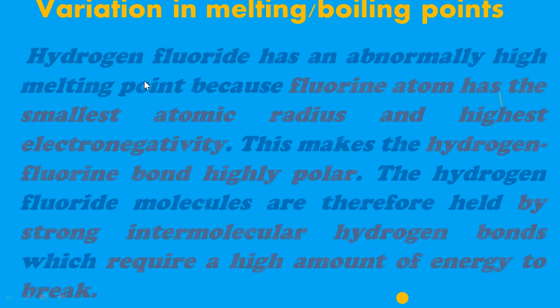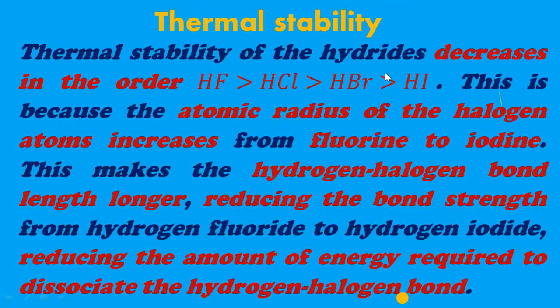Thermostability of the hydrides decreases in that order. So as you move from hydrogen fluoride to hydrogen iodide, thermostability, or stability in terms of the effect of increasing temperatures on the hydrides, decreases.